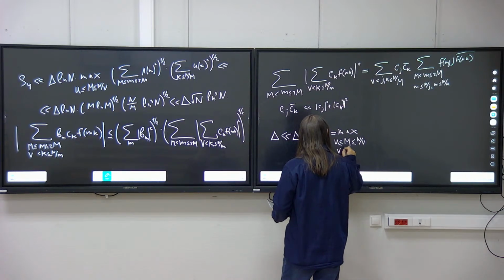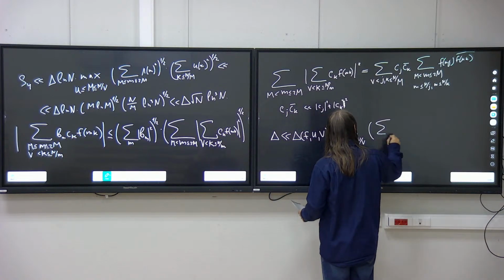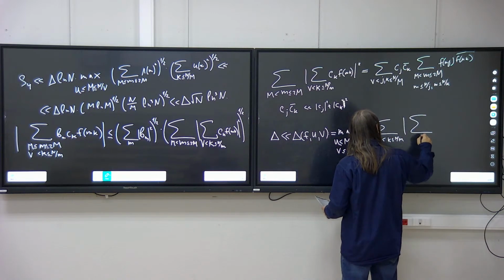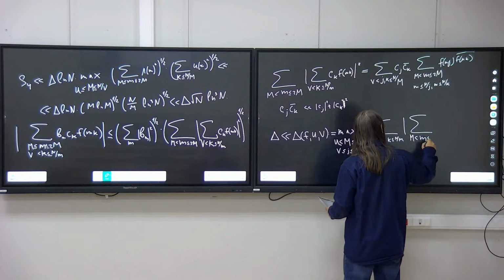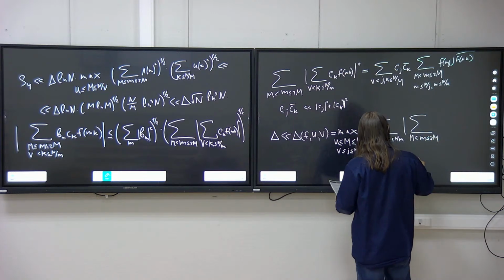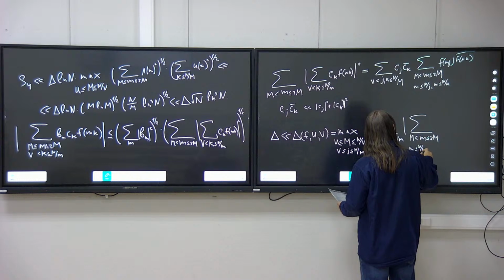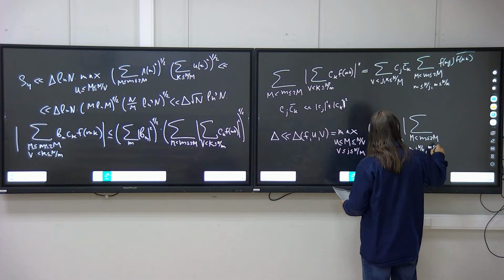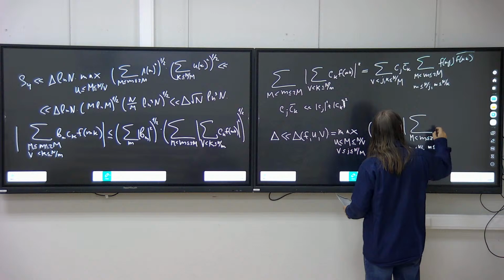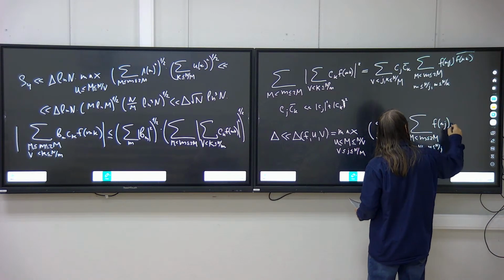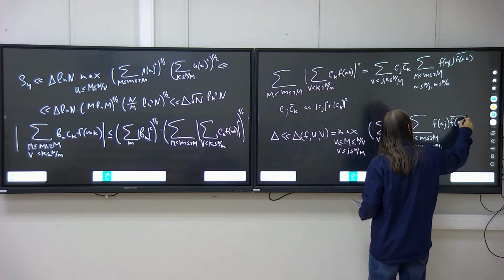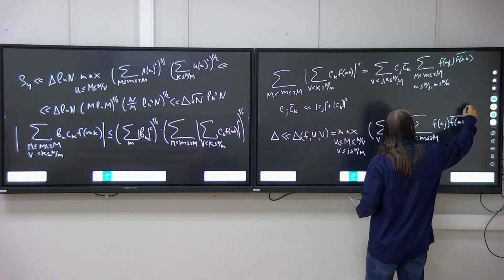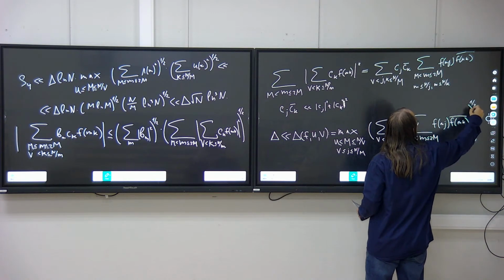J between V and N over m, and then you get sum over all k between V and N over m. Sums over all m between capital M and double M, m is at most N over k, and at most N over j, f of mj, f of mk conjugate. And this all to the power 1/2.